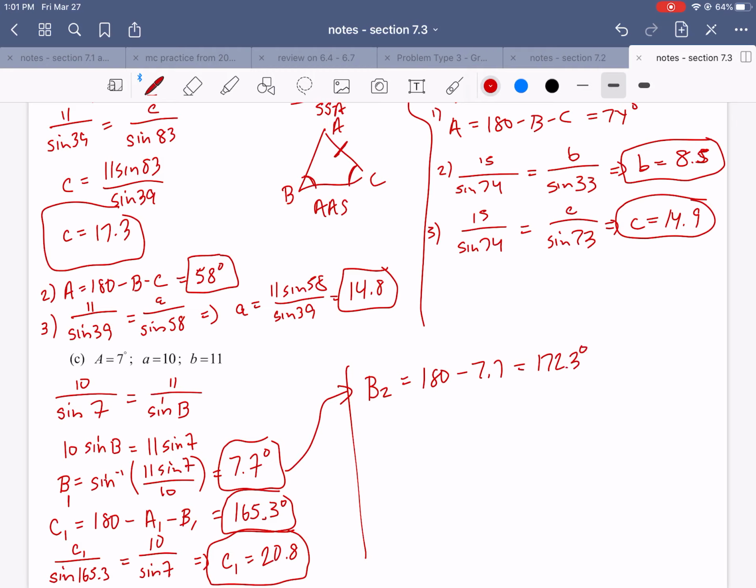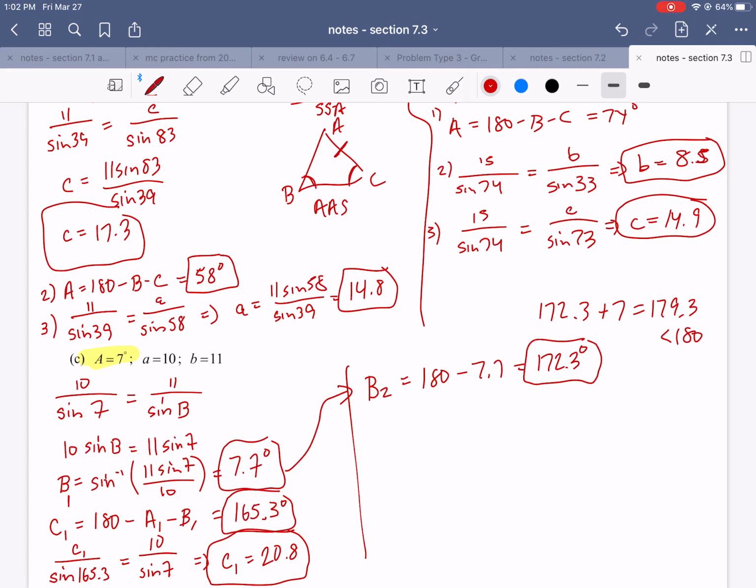Now, if I add that to the given angle, A, which is 7, that number needs to be smaller than 180. So 172.3 plus 7 gives me 179.3, and that number is smaller than 180. And so that means we are going to have a second triangle.